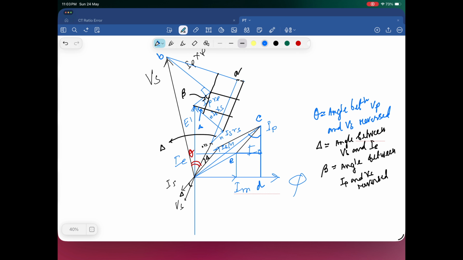This point is C and this is E. So this angle, one is OCD, another is ECD. OCD is equal to delta, and OCD is equal to beta and ECD is equal to delta.